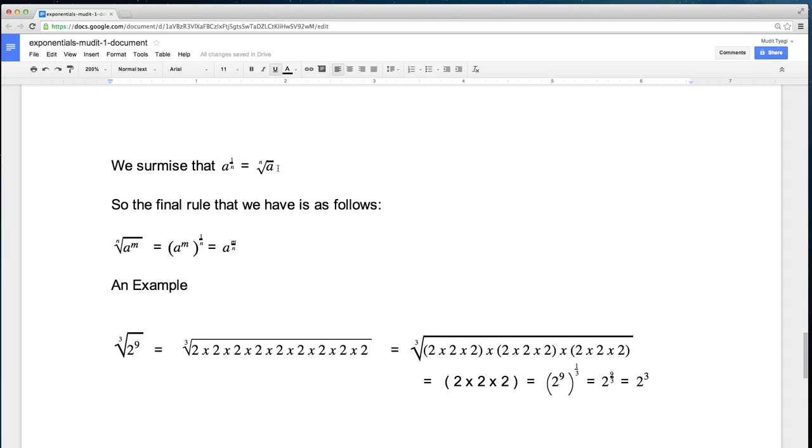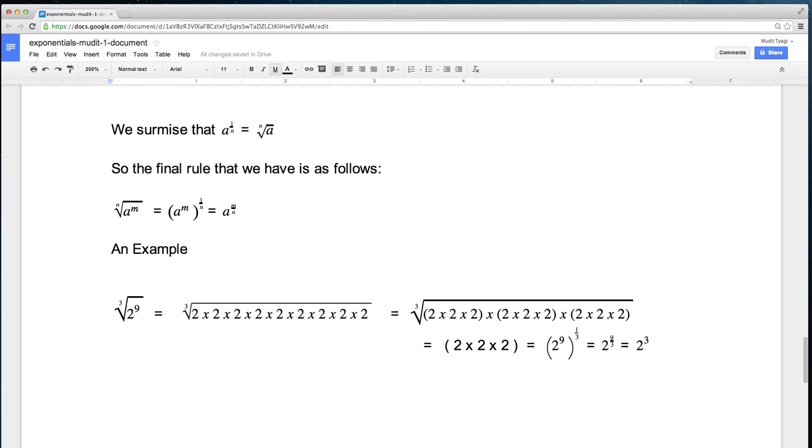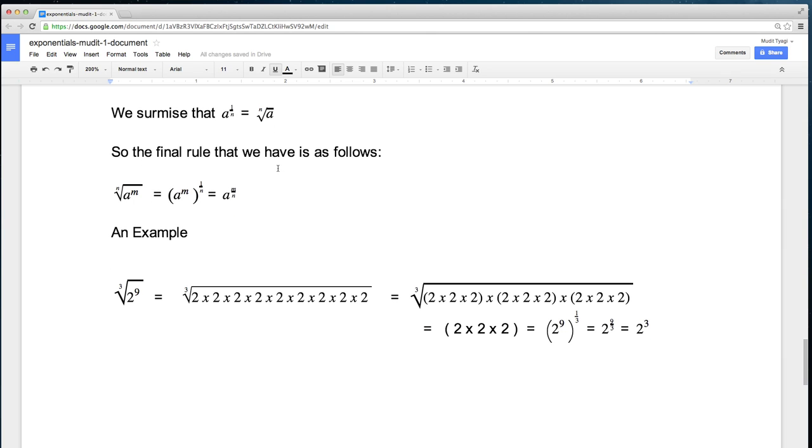And with this in mind, we write down our final rule, which can be confusing. So let's pay attention, and then we will solidify this with an example. So the nth root of a to the m is equal to a to the m, to the power of 1 over n.